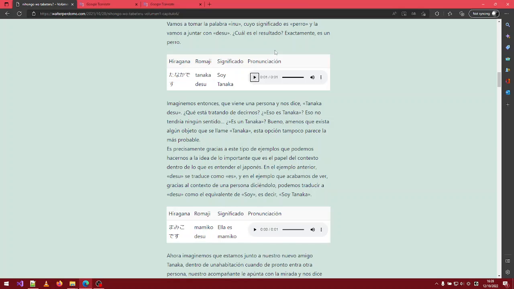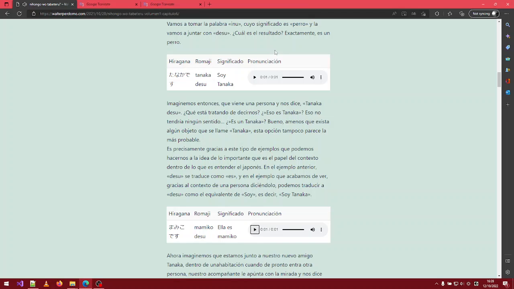Let's say we are Tanaka. We are together in a party, something like that. And suddenly we see someone else opening the door and getting inside the house. So Tanaka looks to that person and says, まみこです。 Mamiko desu.